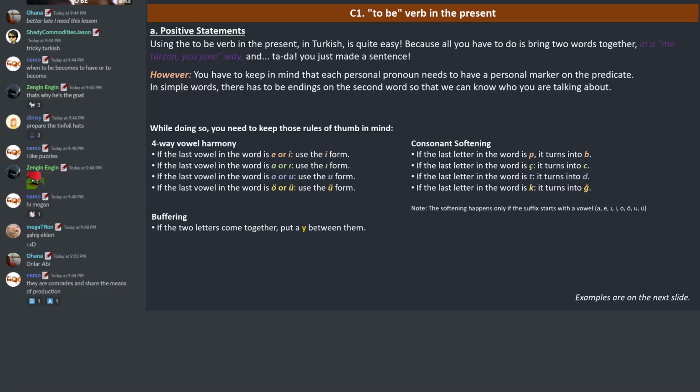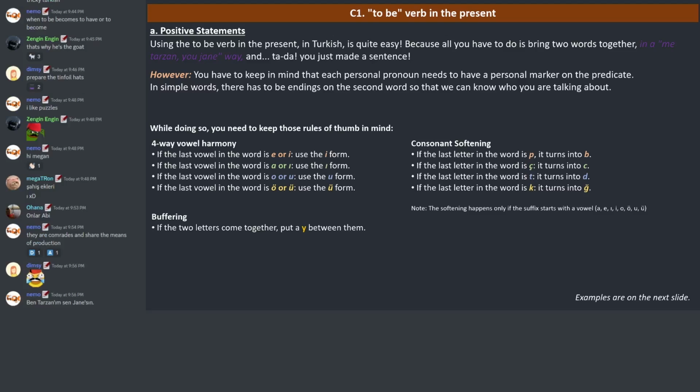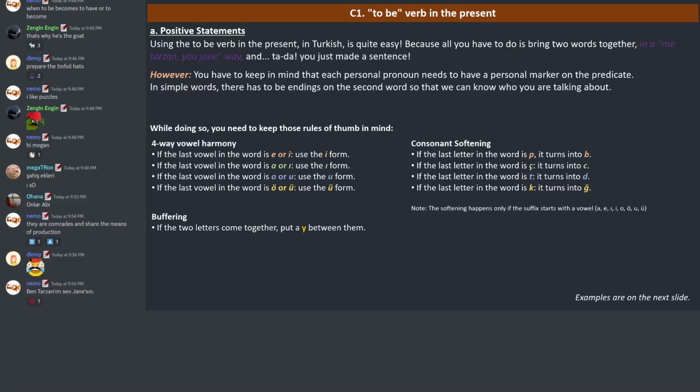But of course, the trick is having the personal markers. Sometimes you can drop the personal pronoun, like you don't have to say ben, you don't have to say sen, but you have to have the ending.